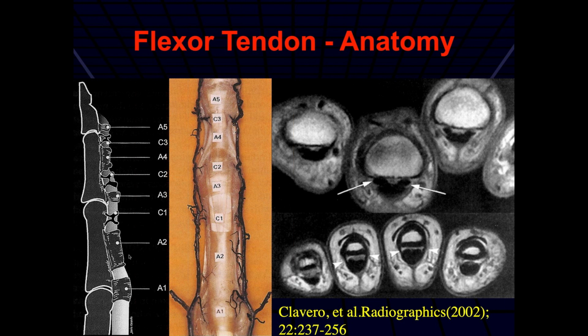The most common one that we've seen is an A2 pulley injury. We've also seen some A4s. They're crossings of fibrous tissues from the bone overlying the flexor tendons that keep them from abnormally displacing. And on the axial images, you can see them as these little black structures on the flexor side where the pulleys are going over the flexor tendons to hold them next to the bone.